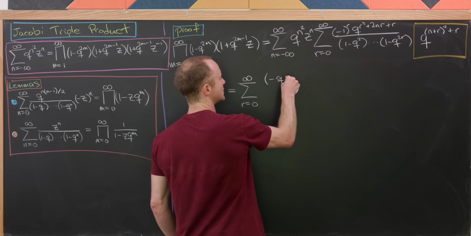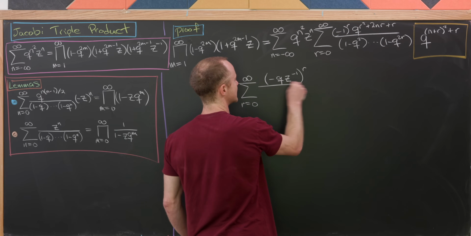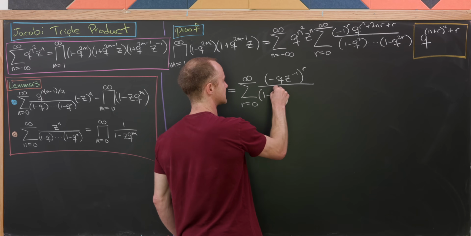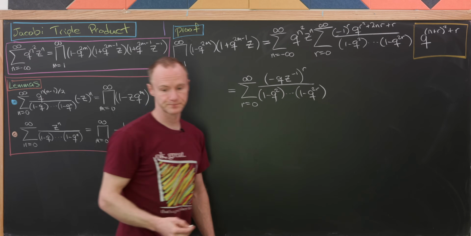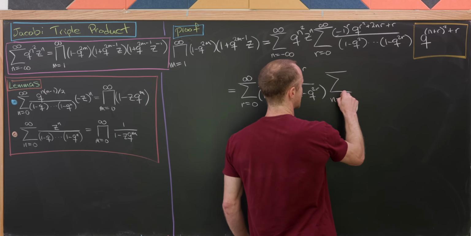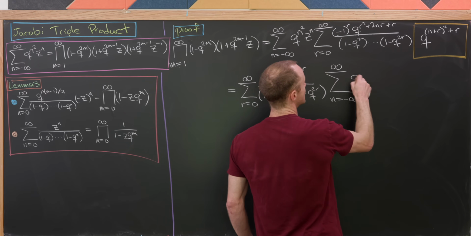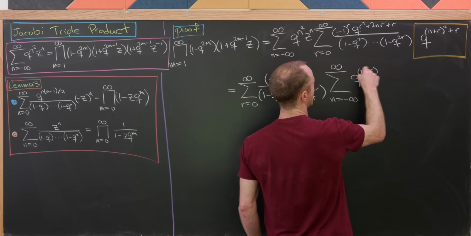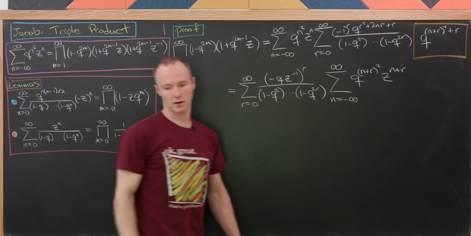So minus q times z to the minus 1 all raised to the r power over 1 minus q squared all the way up to 1 minus q to the 2r. So that's my first bit. And then the sum as n goes from minus infinity up to infinity of q to the n plus r squared times z to the n plus r.